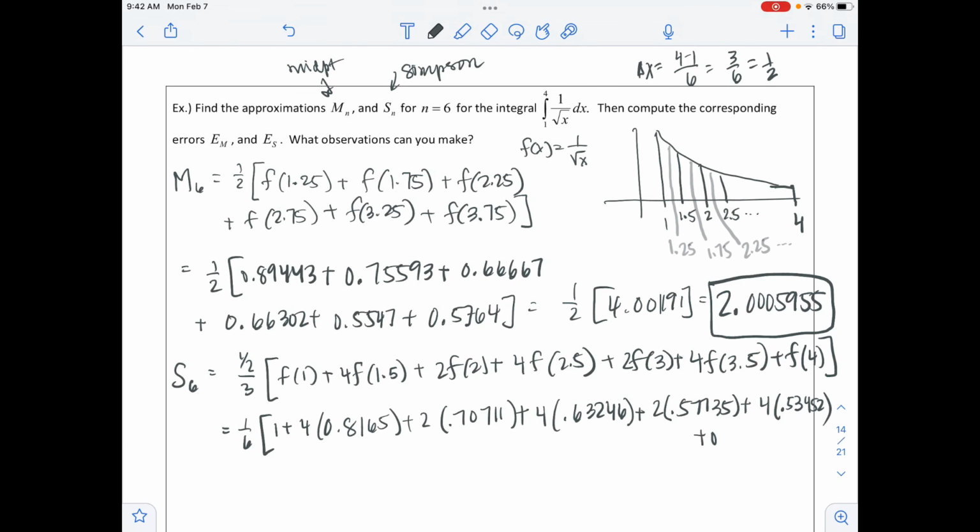And so for this we get 1/6 times 12.00284, which approximately is going to be 2.0004733.